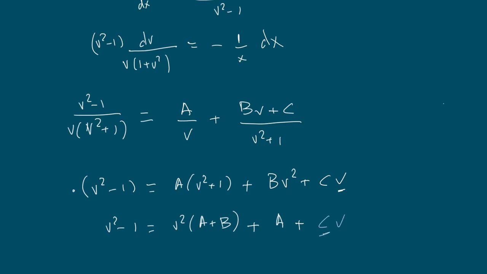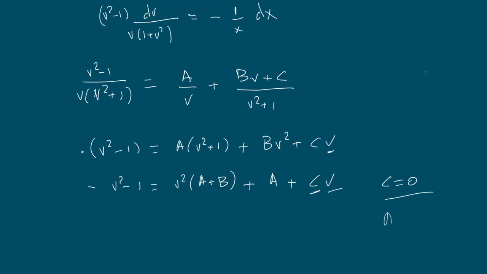Because there is no term in v on the left side, c should be 0. Now a should be minus 1.